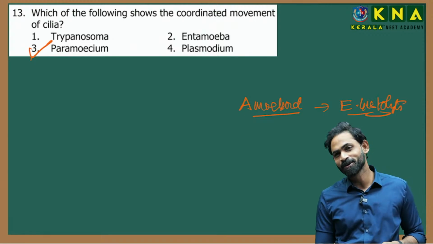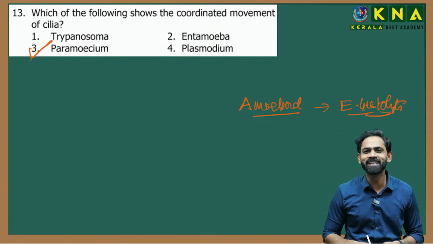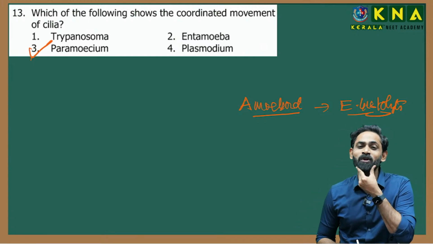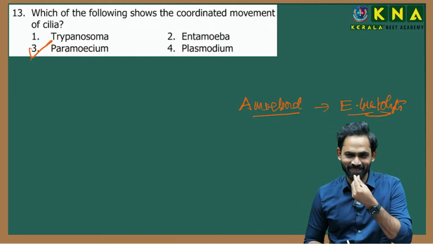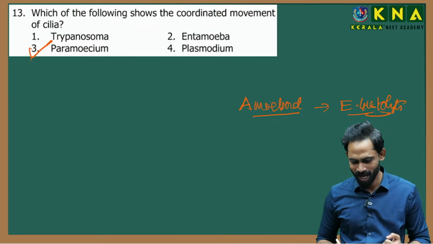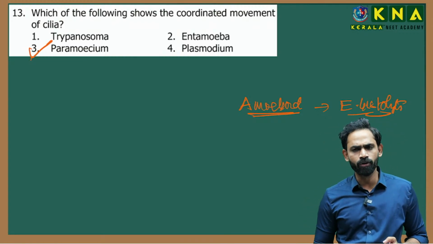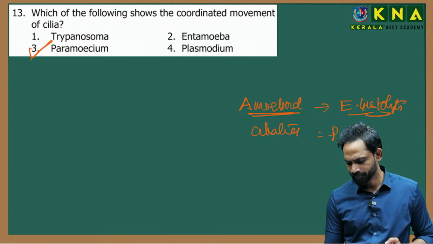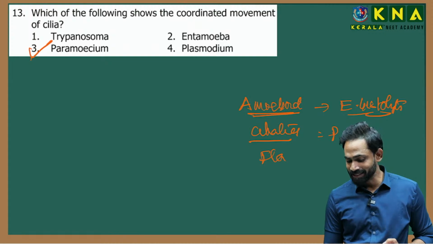Remember Entamoeba histolytica, amoebic dysentery, stools containing mucus with blood clots. Good. Next one is ciliated, already we said Paramecium. The next one is flagellated, Trypanosoma.